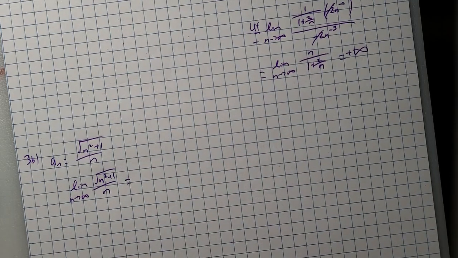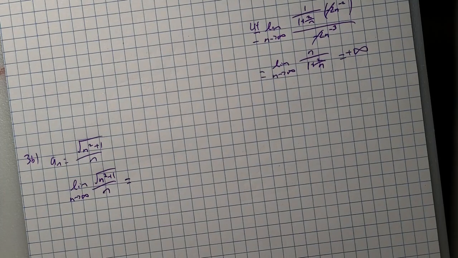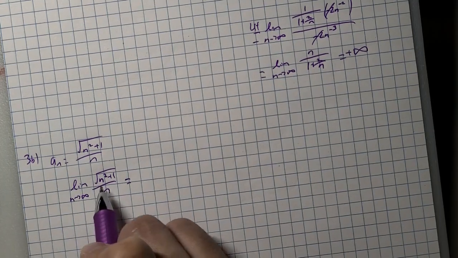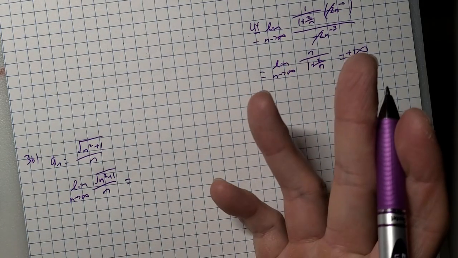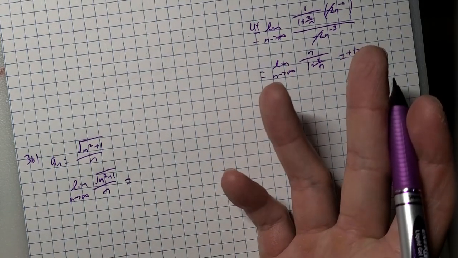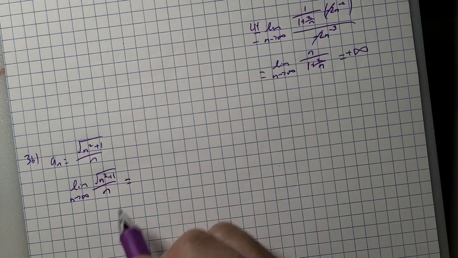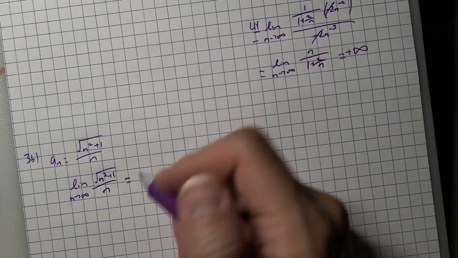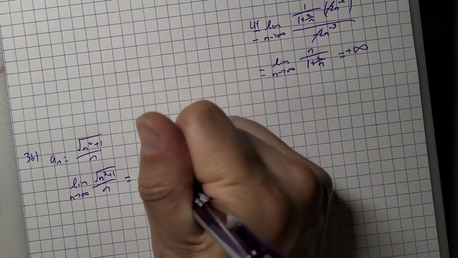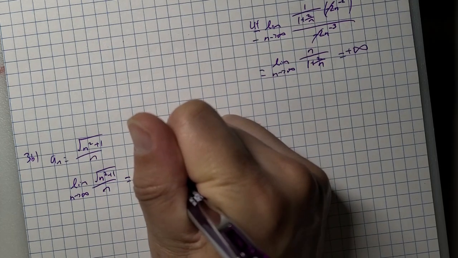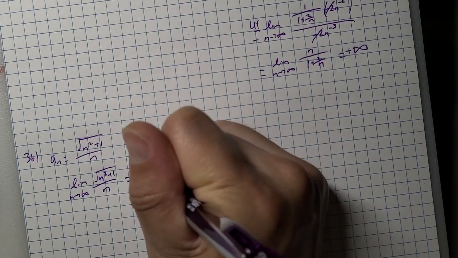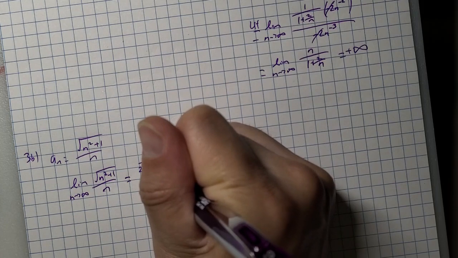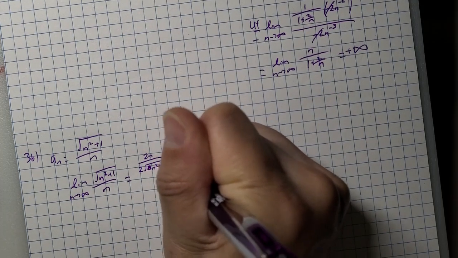Okay, so if we just plug in infinity, that'll just be infinity over infinity, which is indeterminate. So we could use L'Hopital's rule. We can use another technique. Maybe let's just use L'Hopital's rule. So that would just be 2n over 2 root n squared plus 1, all over 1.